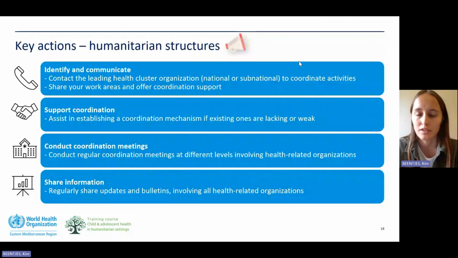Contact the leading health cluster organization, national or subnational, to coordinate activities, share your work areas, and offer coordination support. Then we have support coordination, assist in establishing a coordination mechanism if existing ones are lacking or weak. Then conducting coordination meetings regularly and sharing information, updates, and bulletins.